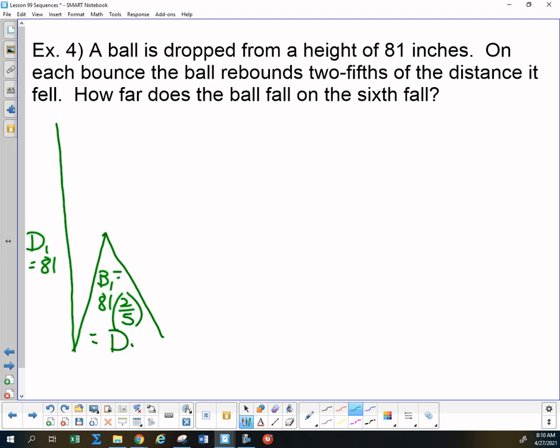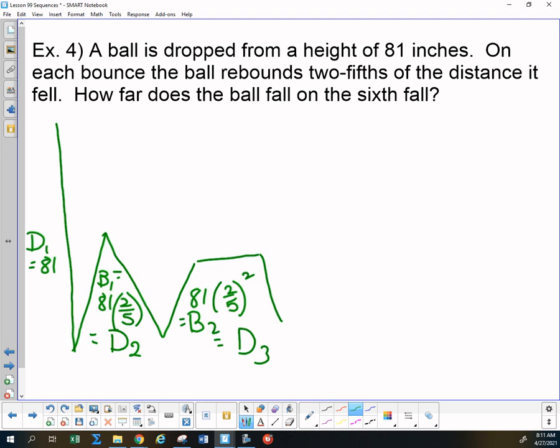So that is the second drop. The first bounce is the same as the second drop. Then it is going to bounce up. It's going to take the 81 times 2/5 and take 2/5 of that, so 81 times 2/5 squared. And that will be the second bounce, but it will also be the third drop.